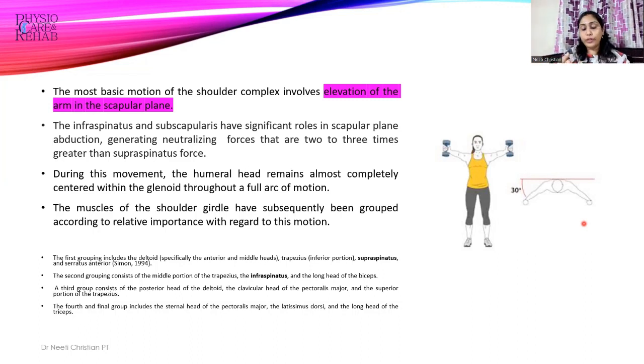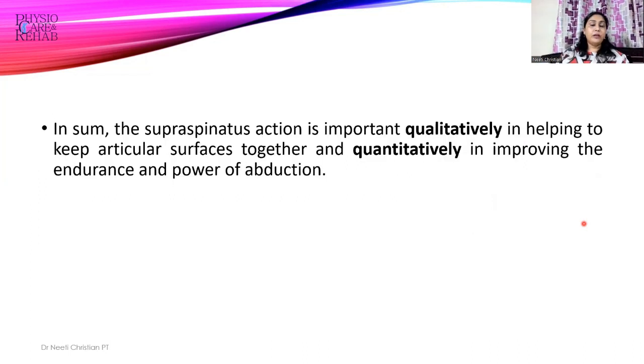So almost all the groups of muscles are active during this movement, and that is why this is a very important exercise which we teach during rehabilitation of rotator cuff tear or after rotator cuff repair. In summary, supraspinatus action is very important qualitatively in holding the articulating surfaces of the glenohumeral joint together, and quantitatively in improving the endurance and power of abduction.